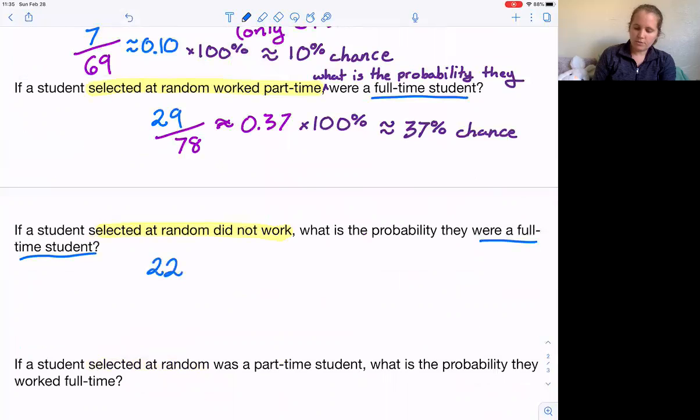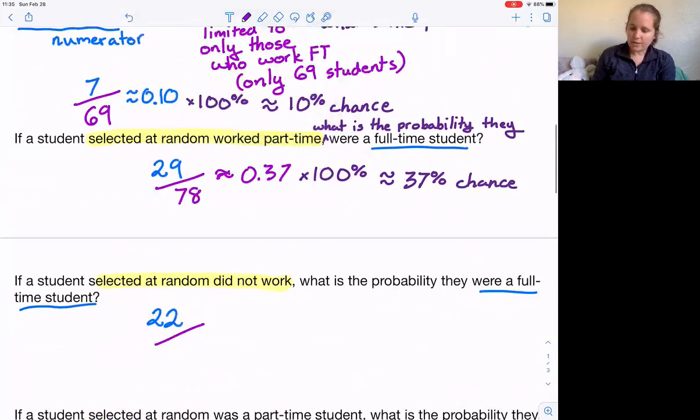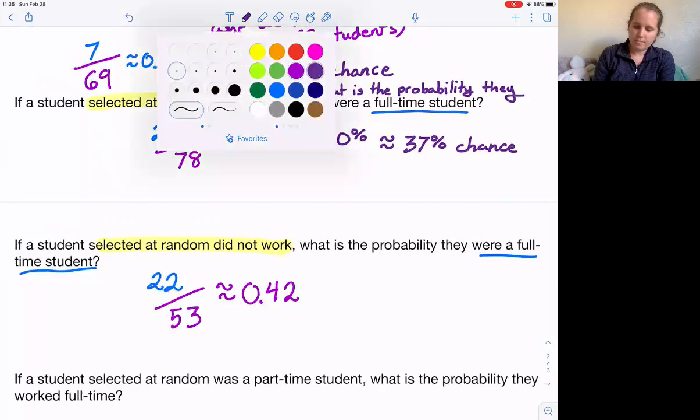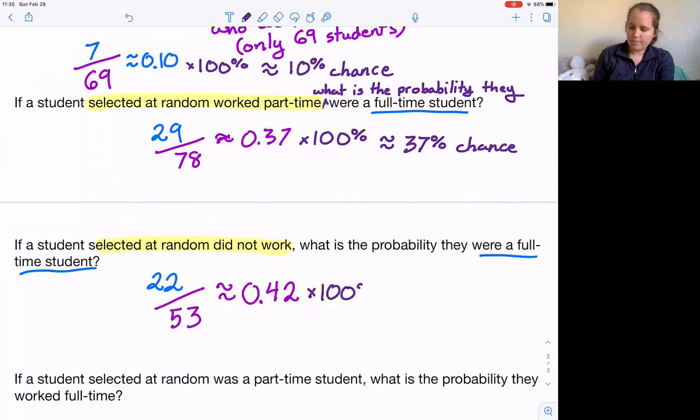So we have 22 out of 53, which is approximately, let's go with 0.42. We could always convert that to percent. And we have approximately a 42% chance that a student who does not work is a full-time student.